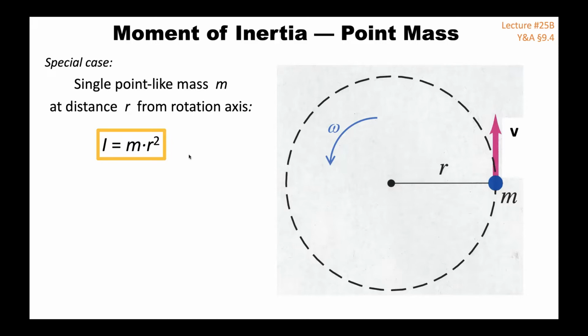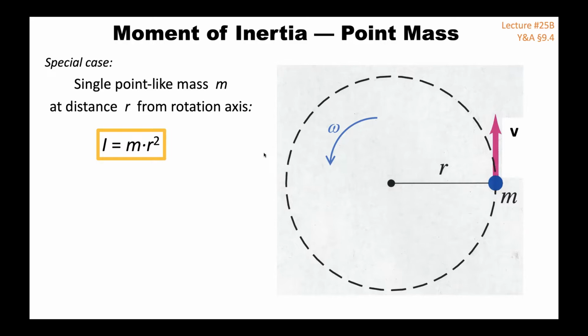The answer is just m times r squared for that one mass, and that's it. So this is the simplest case, if you want to think of it that way. Instead of having an arrangement or a collection of masses, we just have a single point-like mass. We can make this assumption when the size of the mass itself is really tiny compared to this distance r. So for example, when we think about the Earth going around the sun, the Earth is clearly not a point mass, but the size of the Earth itself is so small compared to the distance from the sun that we can approximate it like a point mass when we think about its rotation about the sun.